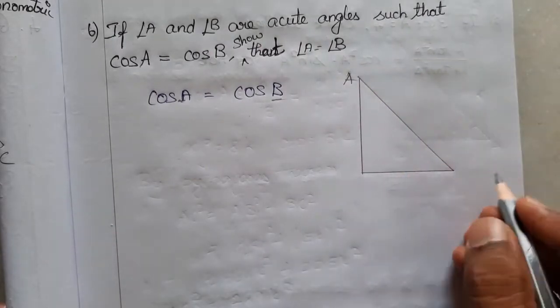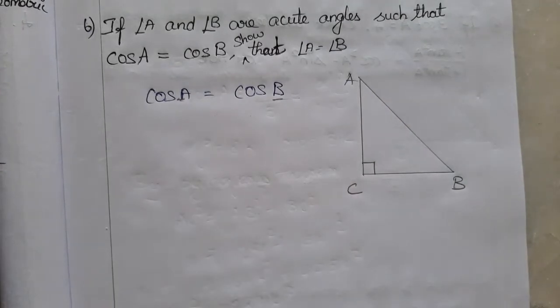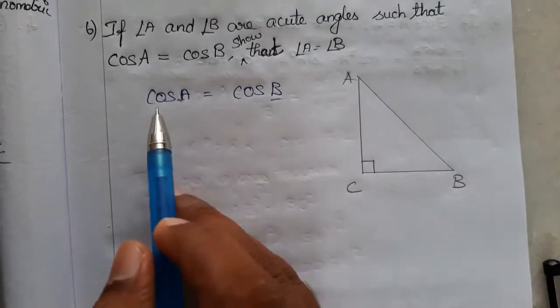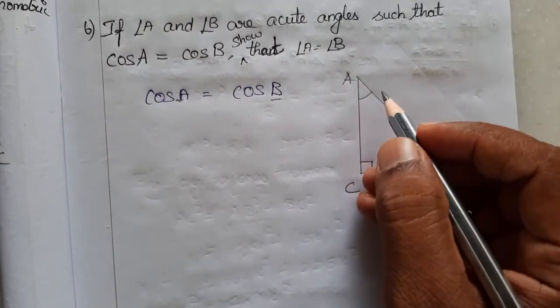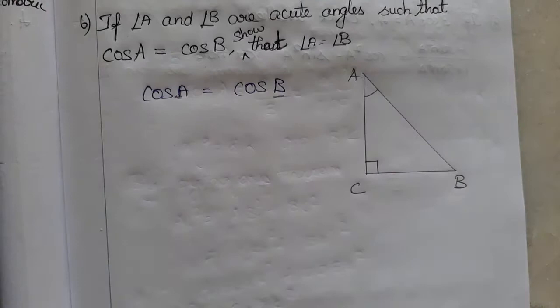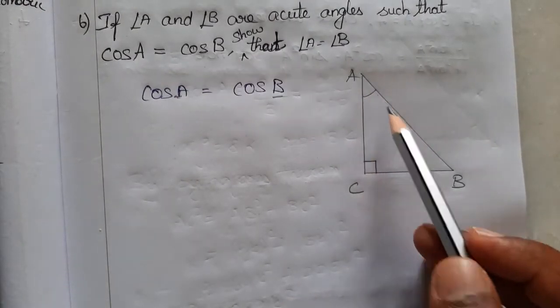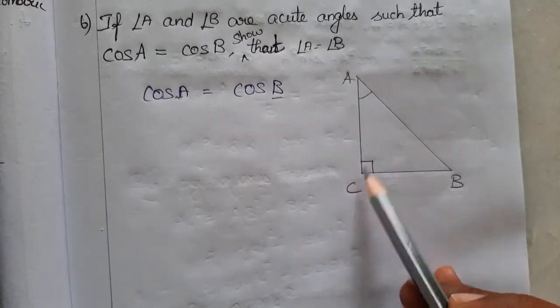So let me choose this side as A and this side as B, and let this be the 90 degree C, right? So now we will write cos A. Cos A is adjacent by hypotenuse, right? So the hypotenuse side is AB, and the adjacent side is AC.